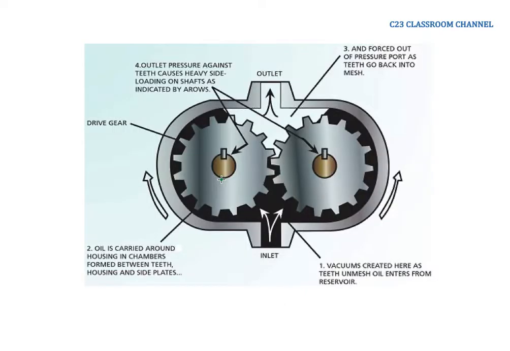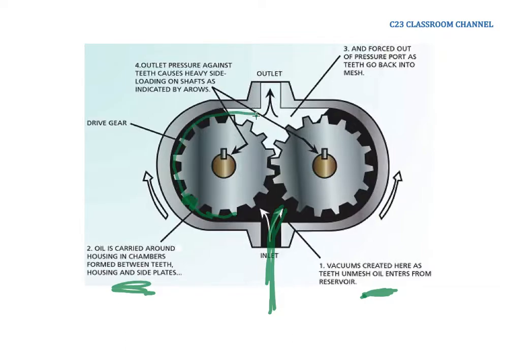So this is the idea of the gear pump. We have an inlet here, and then the vacuum is created here as this unmeshed oil enters from the reservoir. Then at point number 2, oil is carried out like this, which is the volume that we need to calculate.